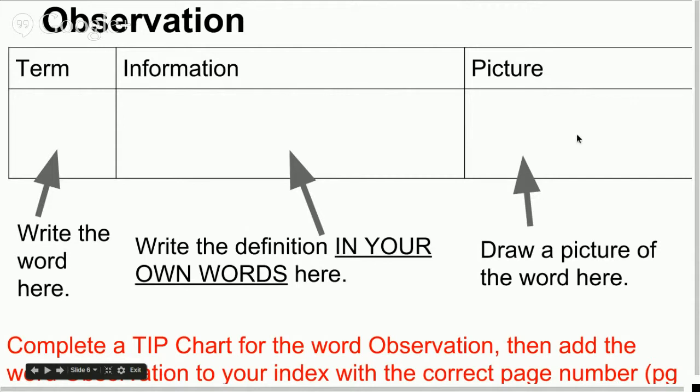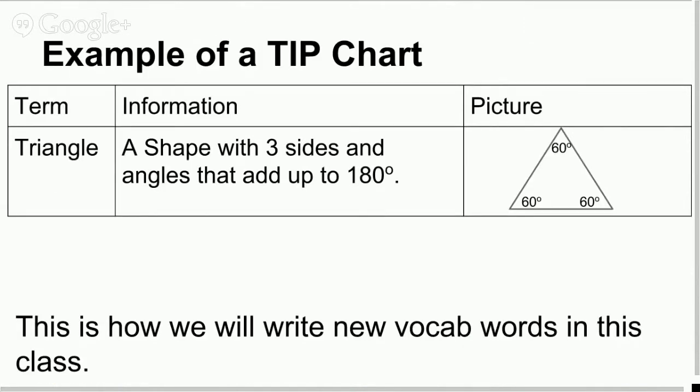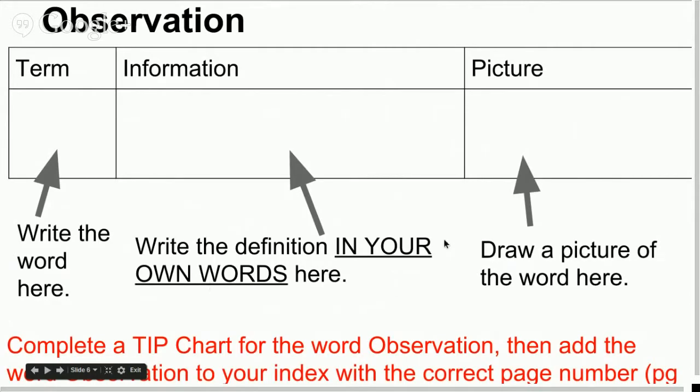Draw a picture of the word there. Go ahead and make a tip chart right now. And here's an example. Triangle is a shape with 3 sides, angles that add up to 180, and there's my picture. So make a tip chart for the word observation. Go ahead and pause it.